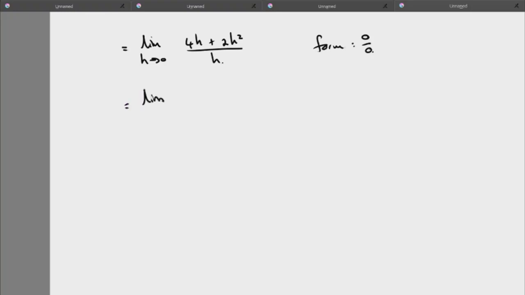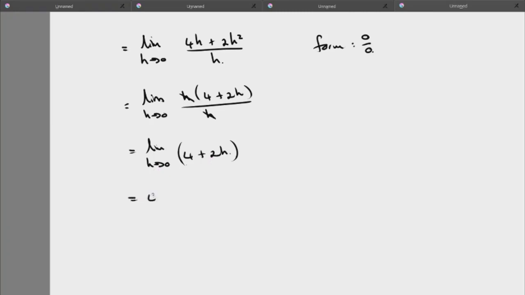And luckily, the simplification is pretty straightforward. I can factor out an h at the top, 4 plus 2h left over an h, and the h's cancel. Then I have only 4 plus 2h, and that's a polynomial in h, which means I can plug it in. It has no problem. It's a 4.